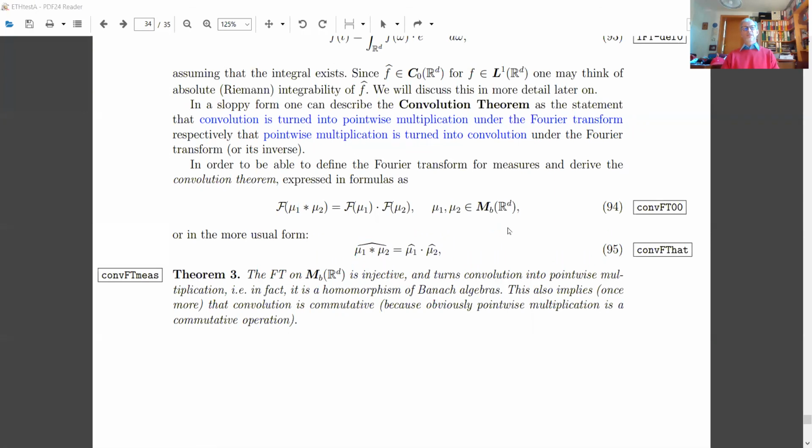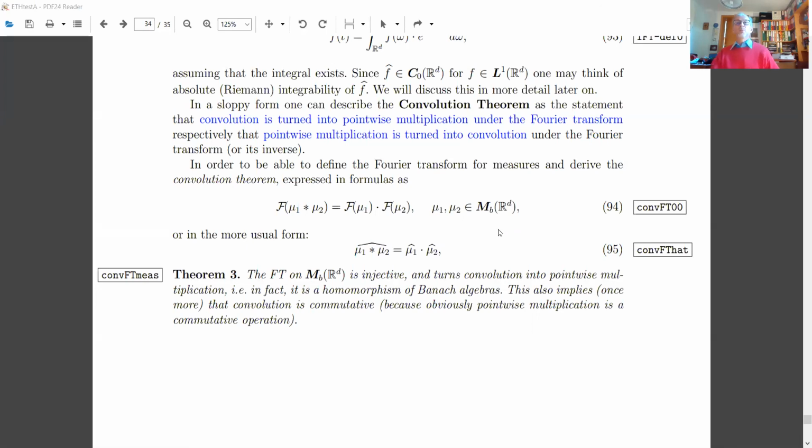Or the other thing: if you hit the transpose key on your keyboard, because you don't like a complicated tune and prefer to play in C major, the sound that is produced is multiplied with a pure frequency, because multiplying with a pure frequency corresponds to a shift. So we will see that the Fourier transform turns Dirac measures into pure frequencies, and in the extended way, later we will see pure frequencies are turned into Dirac measures.